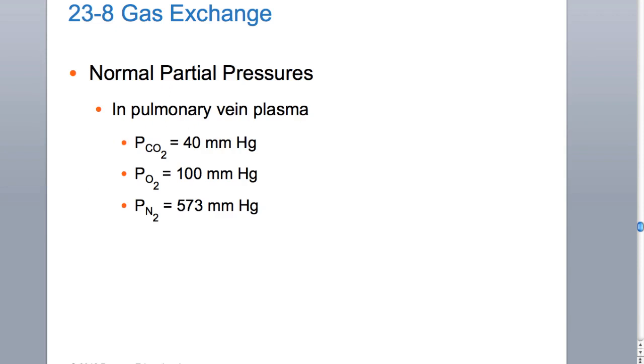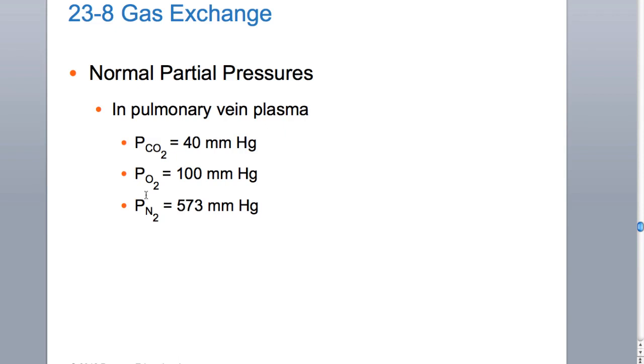Next slide. Okay, now, these are the pressures that you find in the pulmonary vein. These numbers will play a role in going from alveoli to blood. Remember, this is pulmonary vein, which is my way of saying blood. So these numbers are going to play a role. Now, Nimish, I already see something here.